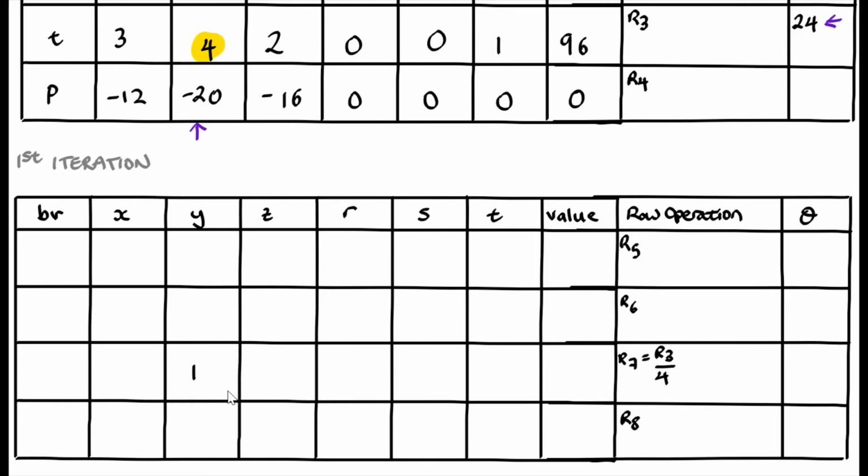And therefore we have over here 3 divided by 4, that's 3/4. 2 divided by 4, that's a half. Obviously here we have zeros. And then 1 divided by 4, that's a quarter. 96 divided by 4, that's 24.